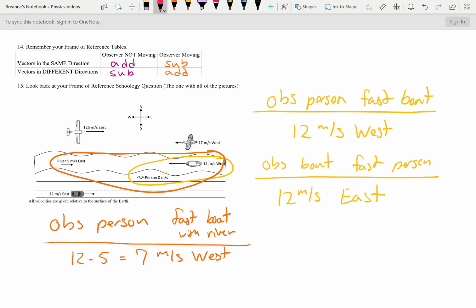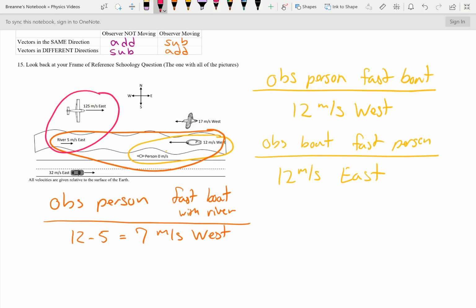Now let's look at the river and the airplane. We're going to make the observer the plane, and ask how fast the river is going. Our observer is moving in the same direction, so we're going to end up subtracting.